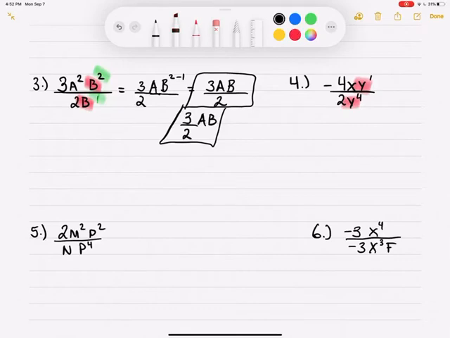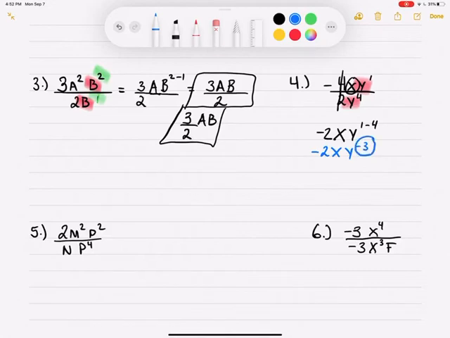So what I'm going to have is negative 4 divided by 2 is going to be negative 2. So those reduce. I have an x that I have to keep in the top of the fraction as well. Then I have y to the 1 minus 4 power.